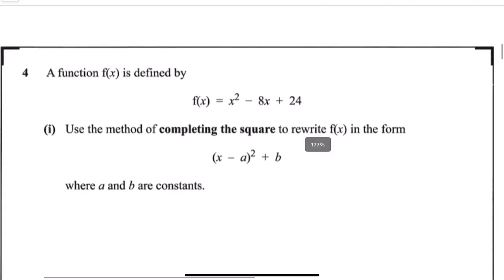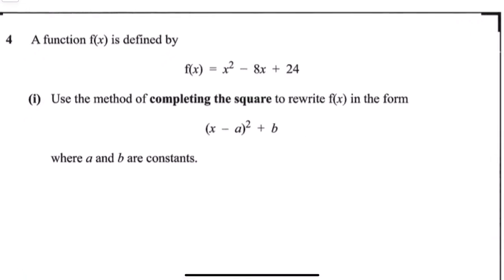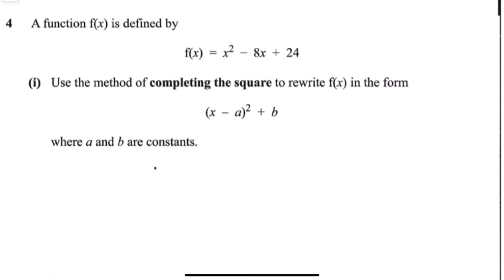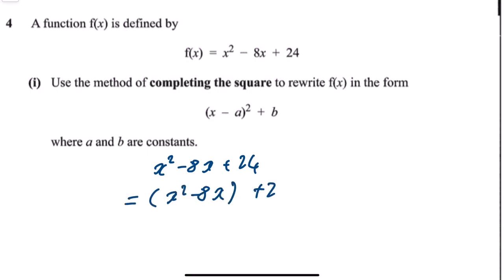Okay, next question. It says a function f is defined by this. Use the method of completing the square to rewrite this equation. So I'm just going to look at my x squared minus 8x plus 24. I'll isolate the x terms, and then to complete the square of this bracket, I would have to add in minus 4 squared. You might want to skip these steps.